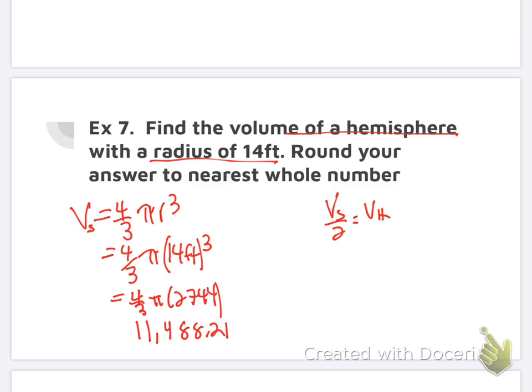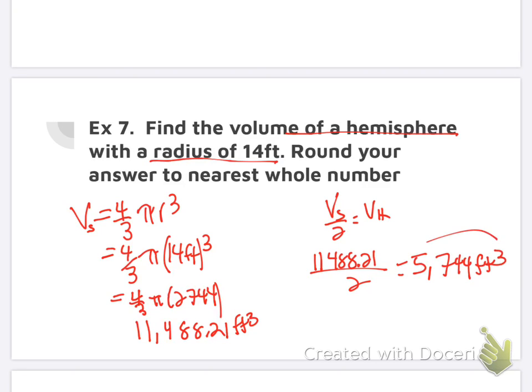And we're going to put that with feet cubed. 11,488.21, divide by 2. Gives me 5,744 feet cubed.